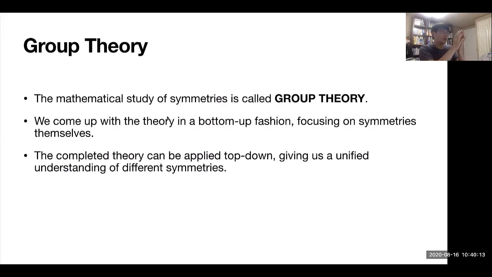And when you understand something about this abstract theory, you can work backwards: when you're studying something new and you encounter some sort of symmetry, then if you know something general about symmetries, you can apply the general knowledge of group theory in your context, so that it can be useful to your specific case. So that's the point of abstract algebra: to make a general theory that can be applied in different specific cases. But when we're making that theory, we're building it by looking at different examples and trying to find what's common between them.